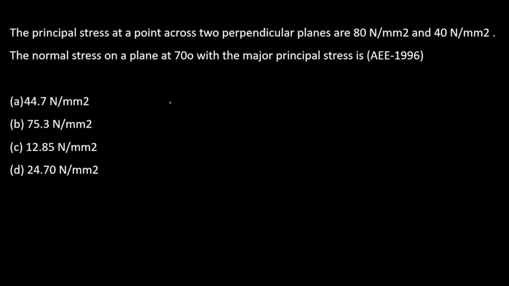So next question, the principal stresses at a point across two perpendicular planes are 80 and 40. The normal stress on a plane at 70 degree with the major principal stress is.